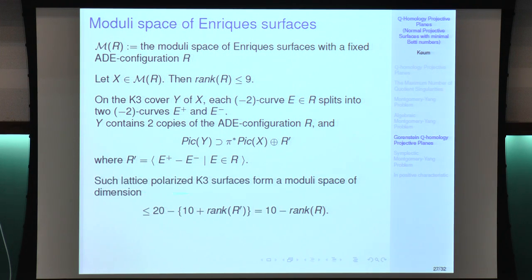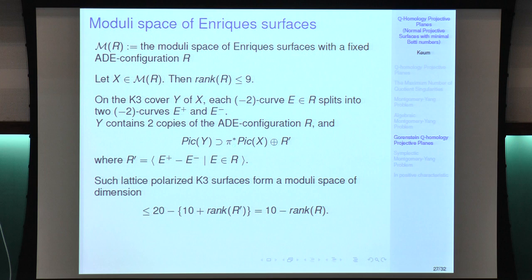So this one has rank 10 plus rank R. So such a K3 surface must have Picard number at least 10 plus rank R. So such lattice polarized K3 surfaces, meaning K3 surfaces whose Picard group contains a fixed lattice, form a moduli space of dimension 20, which is the moduli space of all K3, including non-algebraic, or Kähler K3.